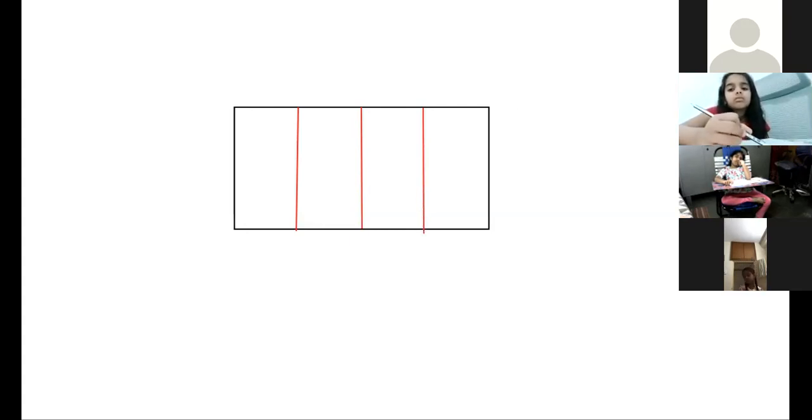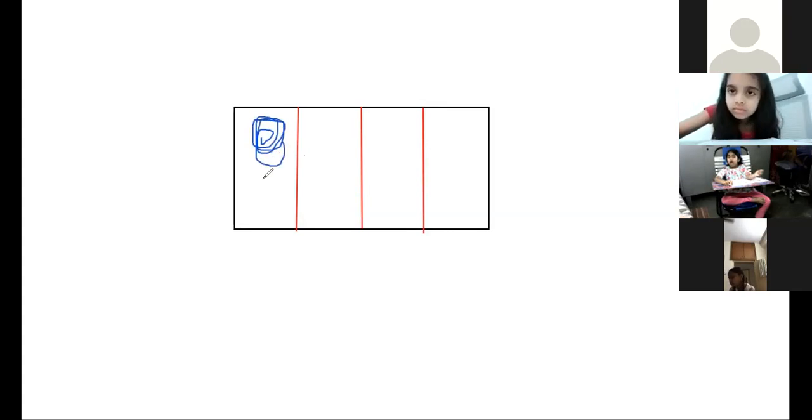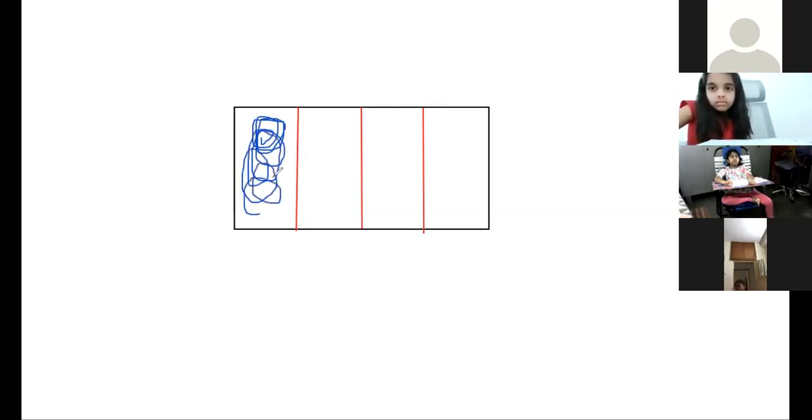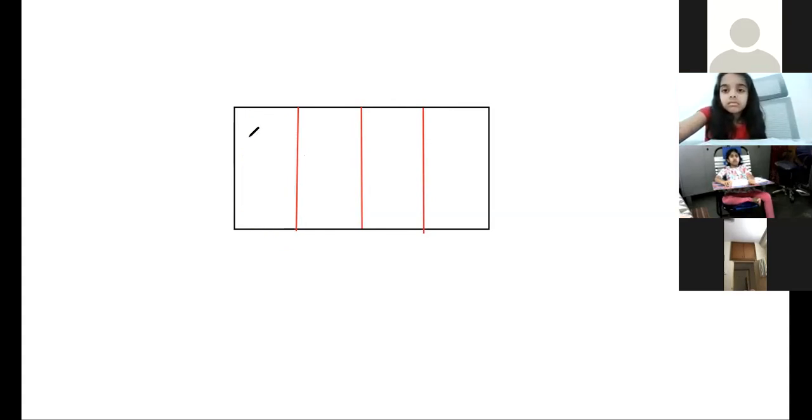Tarini, what are you doing? Nothing. Then please pay attention. Now, out of these 4 parts, let's suppose I have colored only 1 part of it.